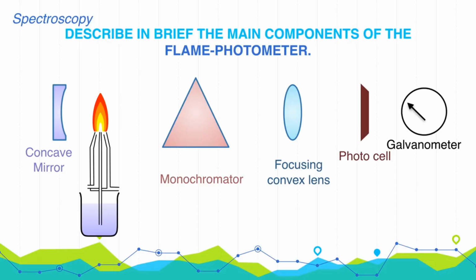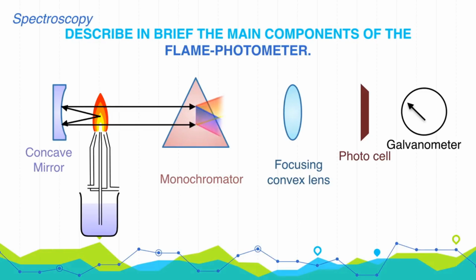When the fuel is burnt at the tip of the burner, the sample solution rushes upward and then the solvent is vaporized and solid molecules are produced. These solid molecules are then converted into gaseous atoms. Some of the gaseous metallic atoms absorb heat energy and jump to the excited state and instantaneously return to the ground state with emission of radiations, which are collected by concave mirrors and are incident after passing through the monochromator.